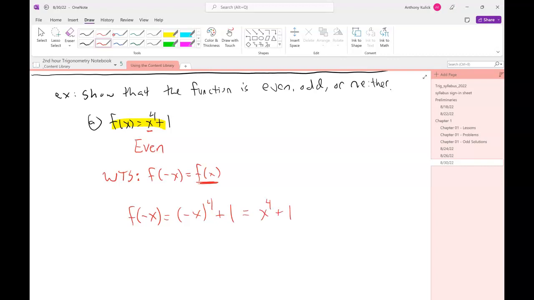Does everybody feel okay with how I simplified that? Okay. If I look at this and I look at this, what do you notice? Exactly, they're the exact same. So this is equal to f of x. So what have I shown? That it is even. F of negative x equals f of x, which is what I wanted to do. I'm done.